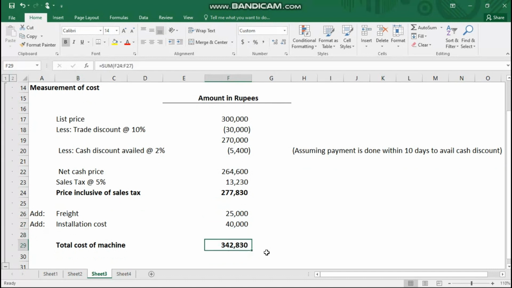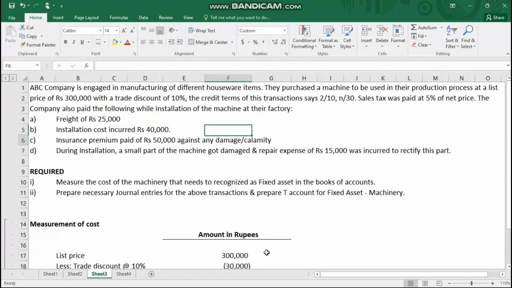So this is the total cost of my machinery at which I will recognize this machinery, this property, plant and equipment into the books of accounts. And I have ignored some of the items for the purposes of cost, like the insurance premium paid of rupees 50,000. So this insurance premium is just an insurance expense.